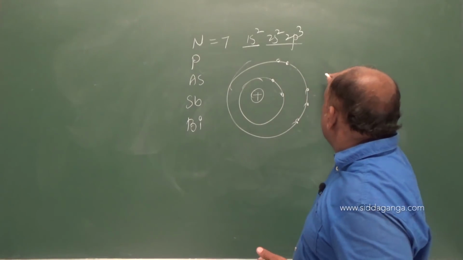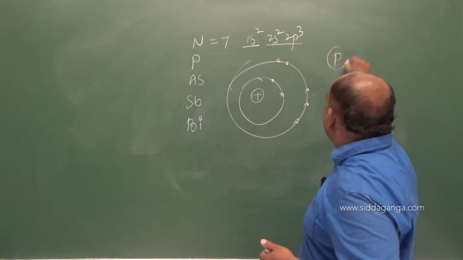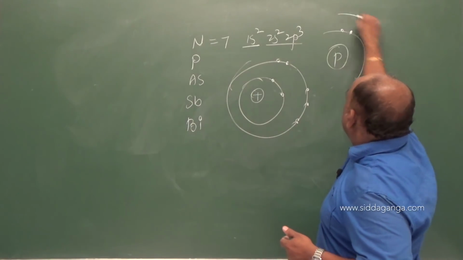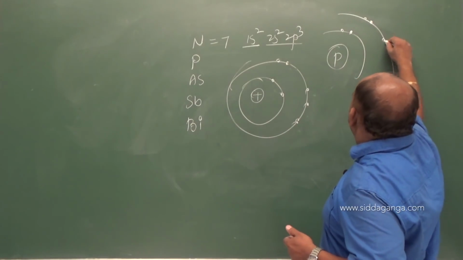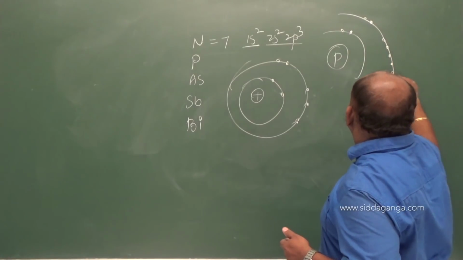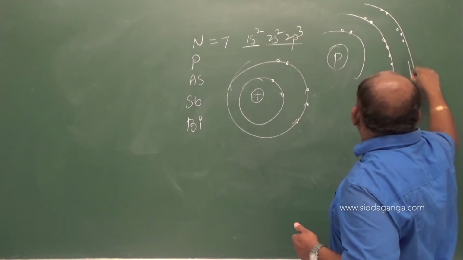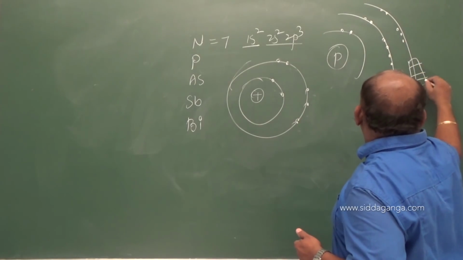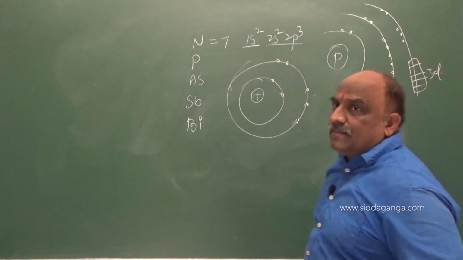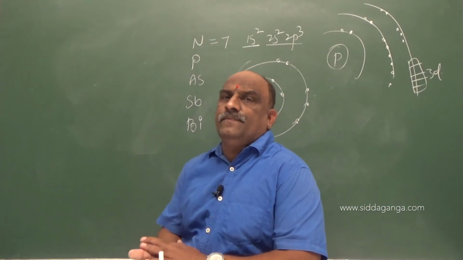Suppose we go to phosphorus: 1s2, 2s2, 2p6, 3s2, 3p3, and a vacant 3d orbital will be there in phosphorus.